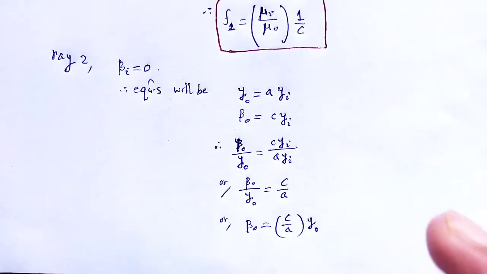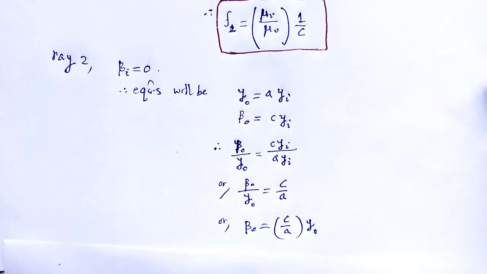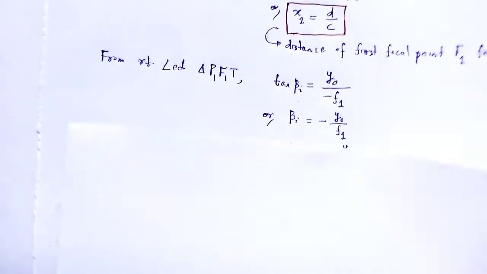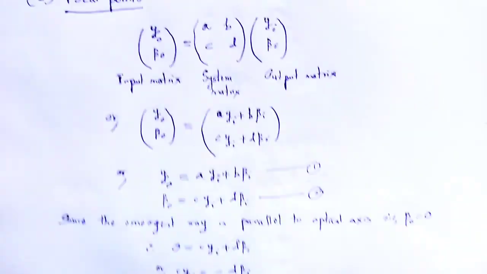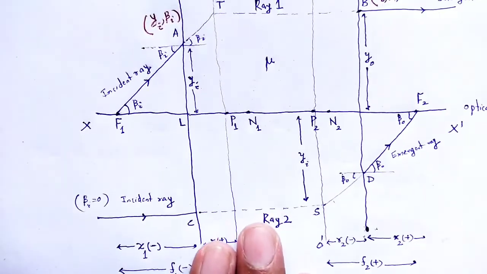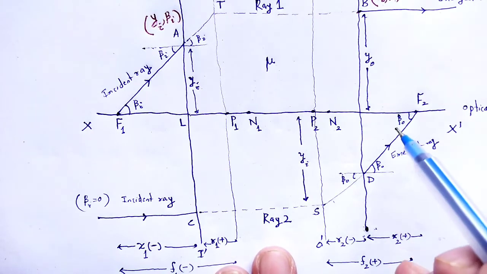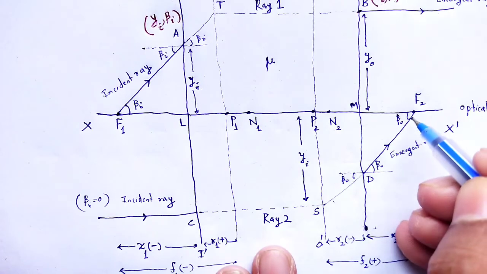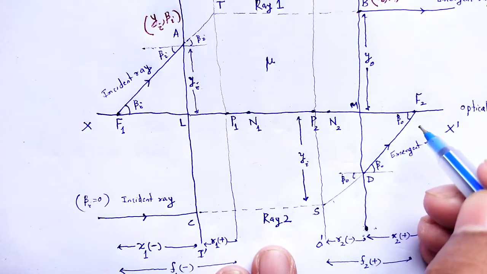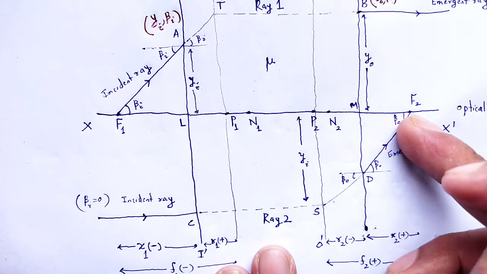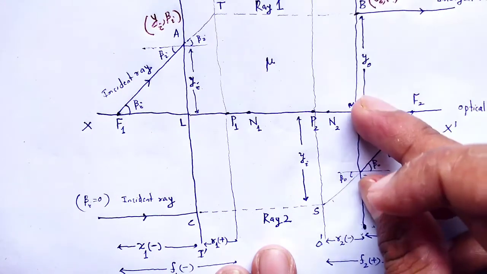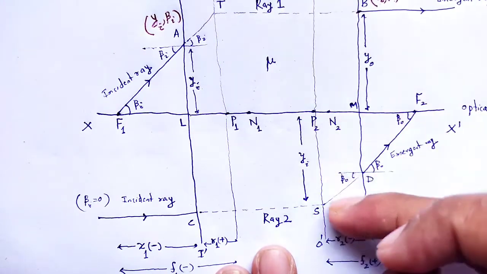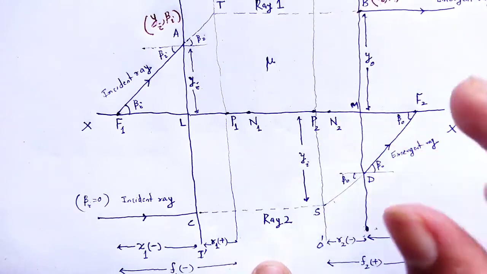That value is needed. Again look at our figure. Let that point be M, D F2. This is the right angle triangle, so tan of beta naught is calculated here.